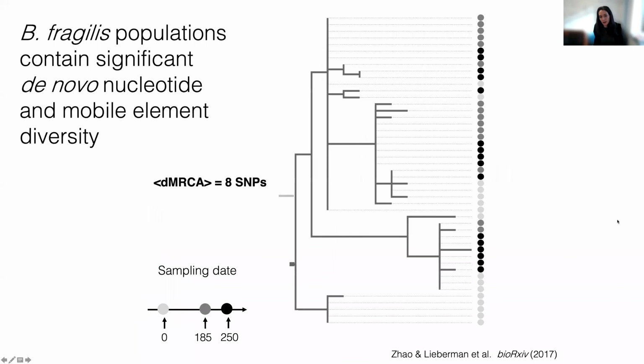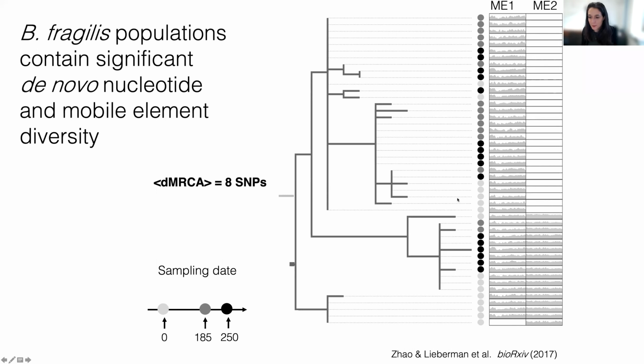So this is a tree of just one person, their Bacteroides fragilis diversity, and it kind of looks like what we saw with Betulosa, where there's a bunch of different coexisting lineages here. And I'm sorry that the scale bar has gone away, but the overall average distance to the tip is about 8 mutations. So it's not that many mutations.